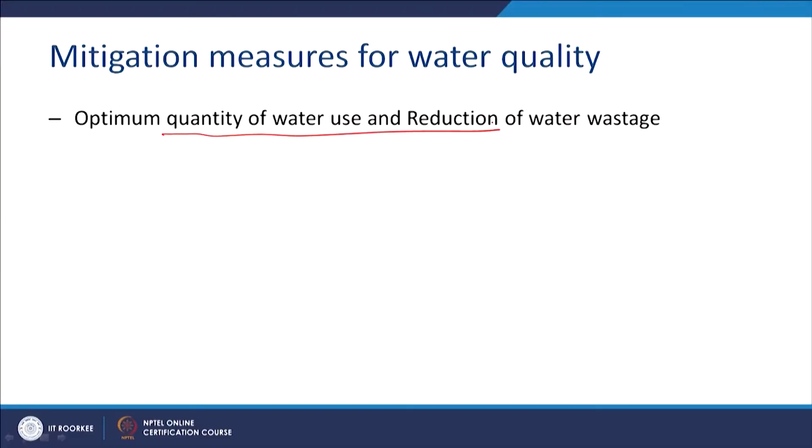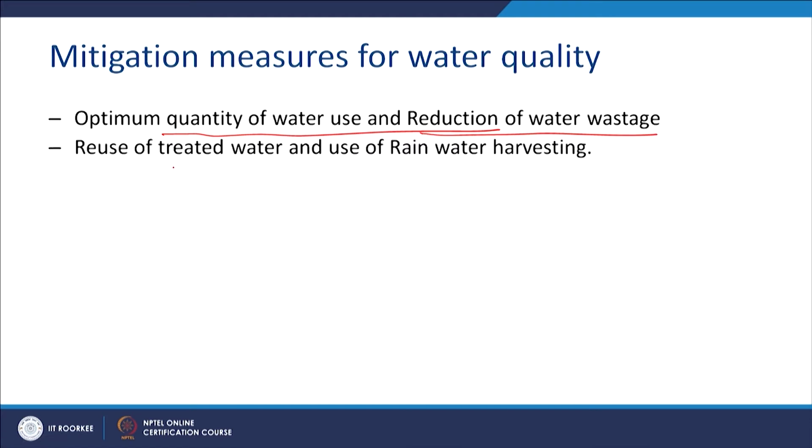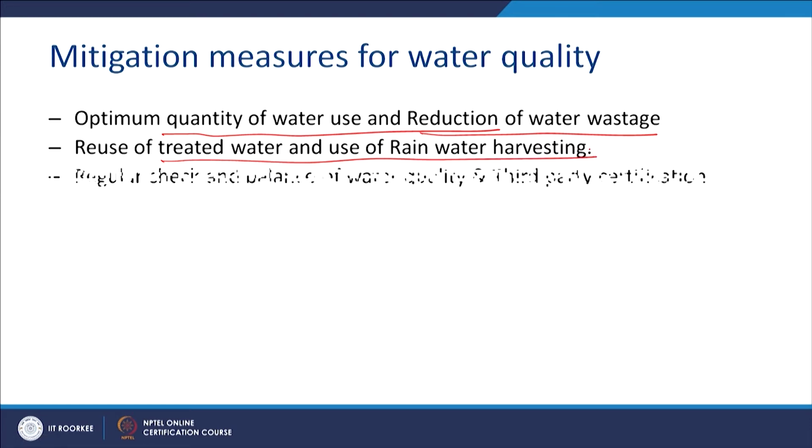So, how can we mitigate the water quality degradation, come out of that condition and create a better situation? First, the optimum quantity of water used has to be decided at the city level, and for that you reduce water wastage during your planning time. Reuse treated water and use rainwater harvesting as a mainstream water source.